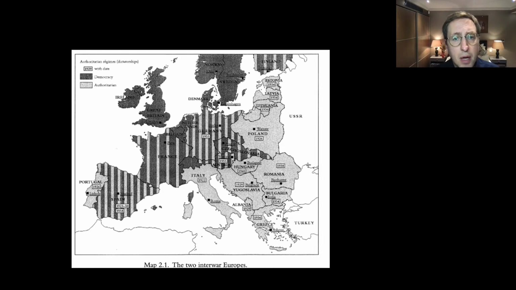Effectively, if we properly focus on this map, what we will see is that Great Britain, Ireland, Scandinavia, France as well, don't be confused by the different colors, and Czechoslovakia are the kind of countries that maintain some degree of liberal democracy, are functioning liberal democracies. All the other states in Europe have turned into authoritarian regimes.